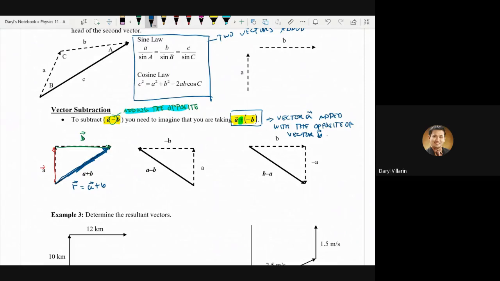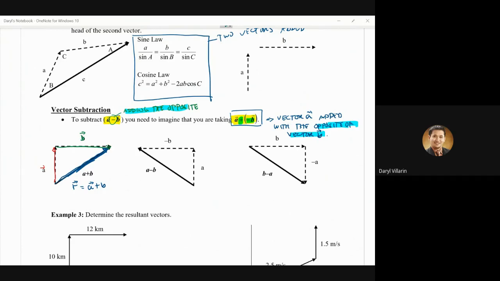So what is the opposite of vector b? When we talk about integers, that is just the negative, or the opposite direction, of that particular vector. That's why we have a negative sign here: the opposite of vector b. So a negative vector, therefore, is just a vector whose magnitude is the same but whose direction is opposite to the original vector.